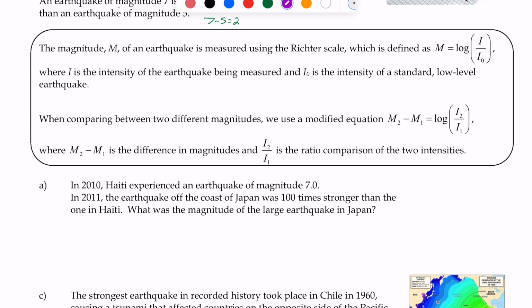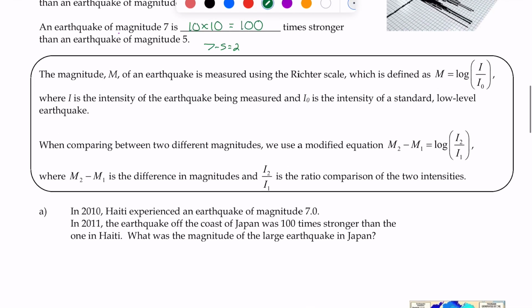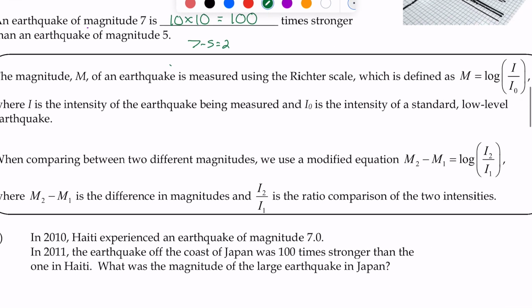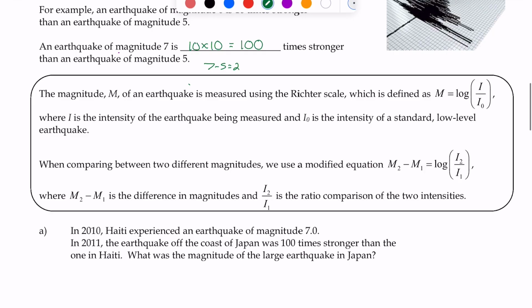The variables are defined for you, where in the first equation, m is the magnitude. So if the question gives you a magnitude, that is the variable m. And then you have this fraction on the inside here, and that is just comparing the intensity of earthquakes. It's saying how many times greater is this earthquake than another earthquake.